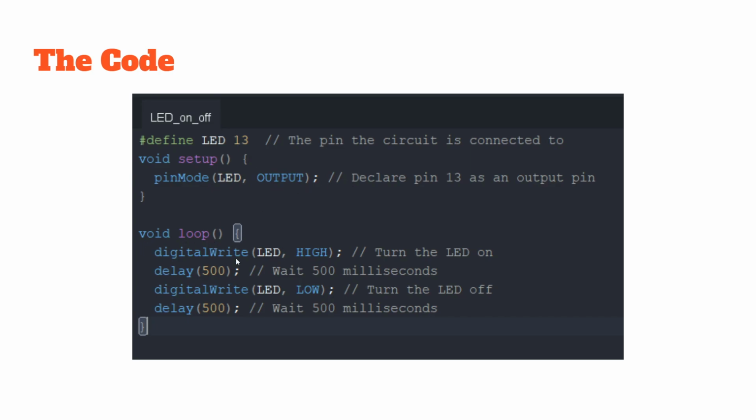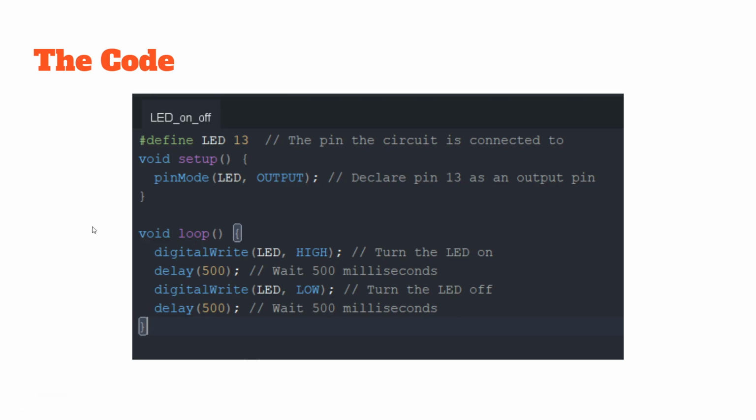And then in the loop, all we want to do is turn it on and turn it off. To write to a digital pin, you have digitalWrite, and then you put the number, so LED is 13, and then HIGH to turn it on. Then delay waits. This is in milliseconds, so this will be half a second, and then you'll turn it LOW. You'll do the same thing you did to turn it on, just LOW. And then you'll wait another half second, and then it will loop back.